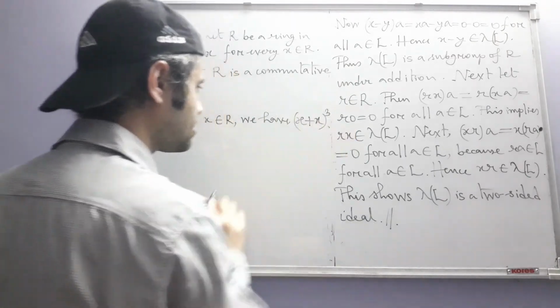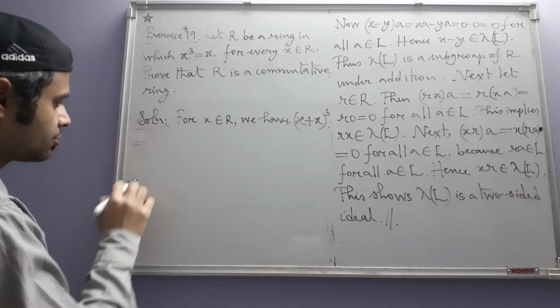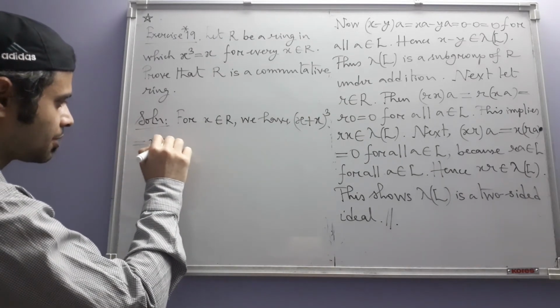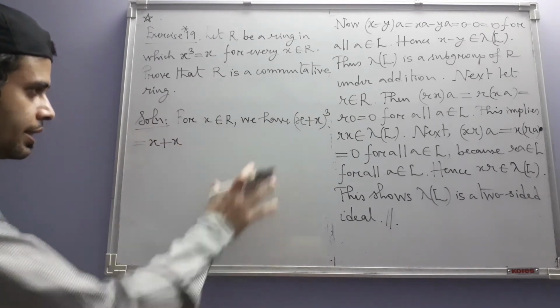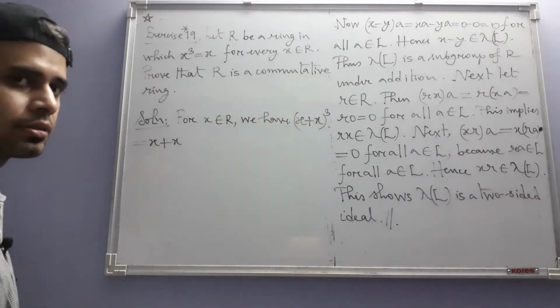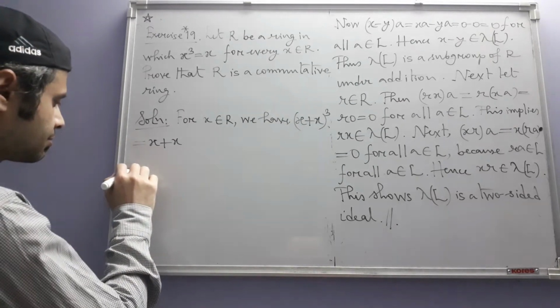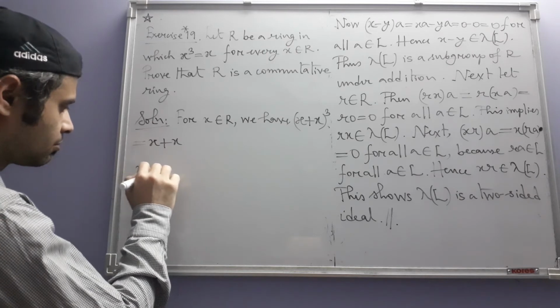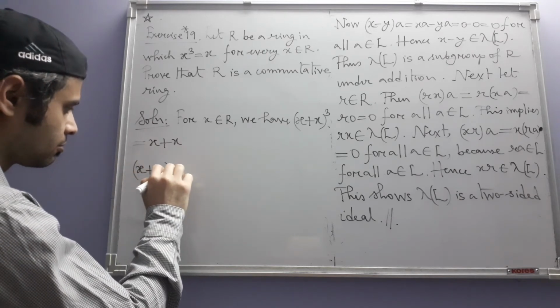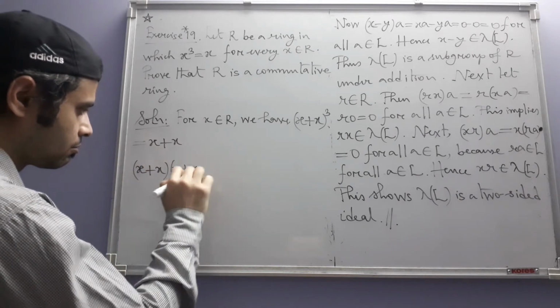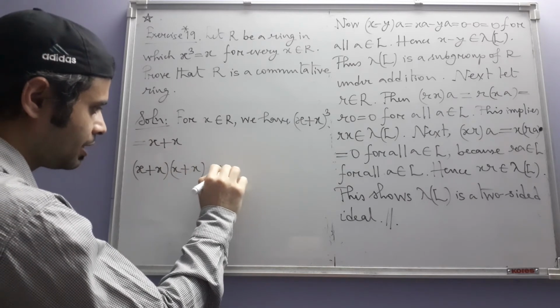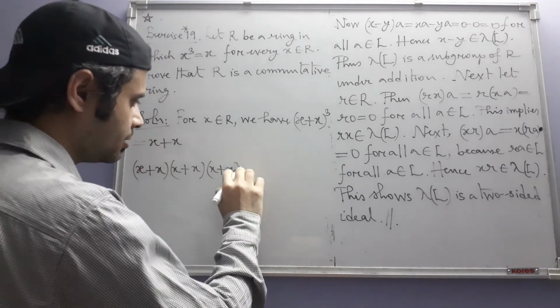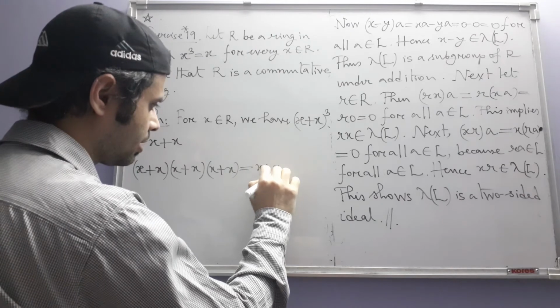So (x plus x) whole cube is also equal to x plus x. Now let us just expand this and see what we get. On the left hand side we get something like this. On the right hand side we have this.